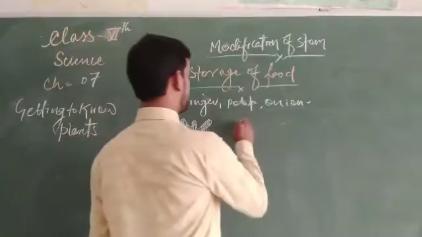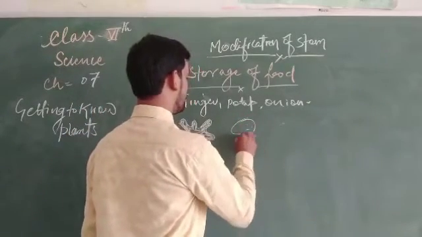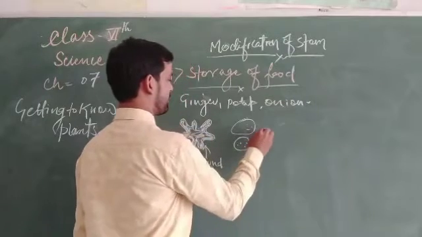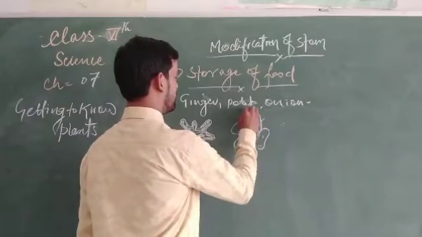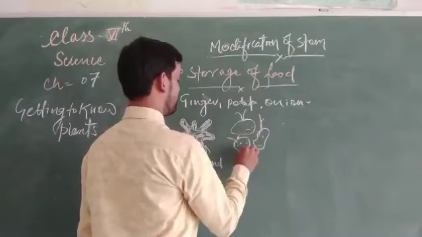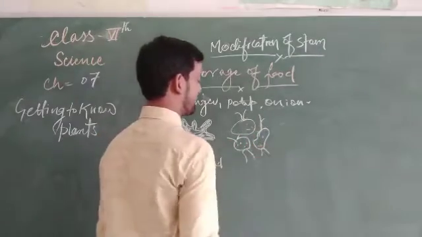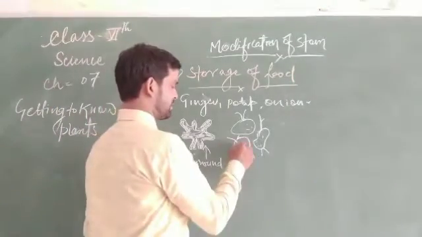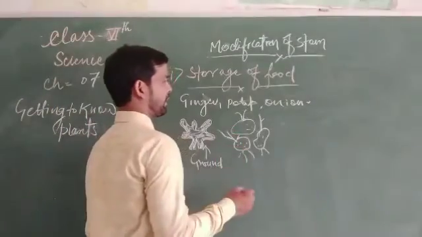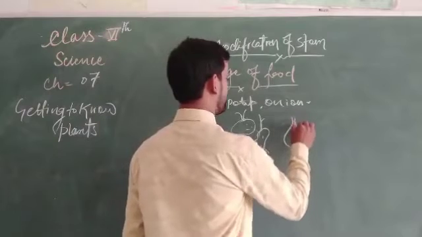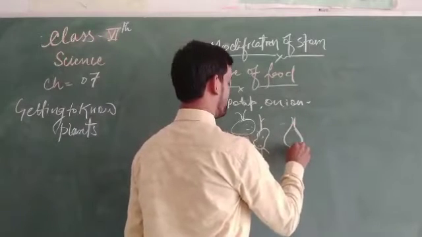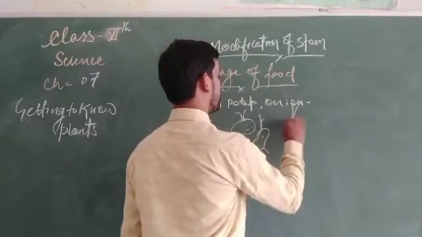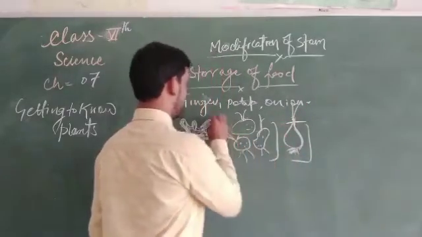Next one is potato. Potato is also called a tuber, and onion is a bulb.